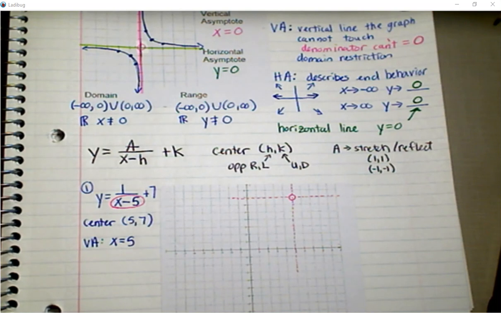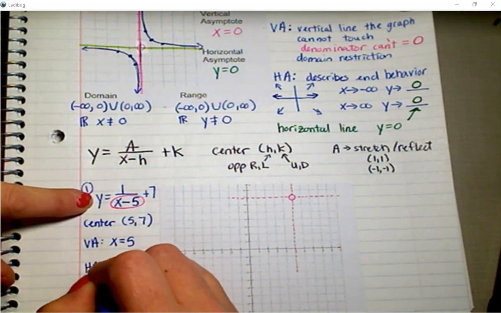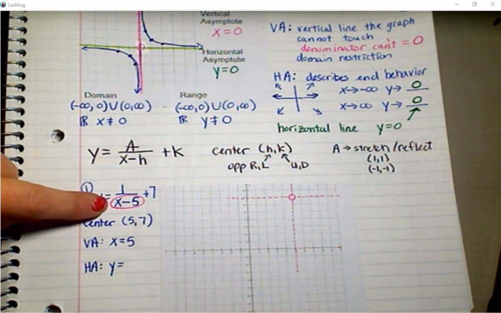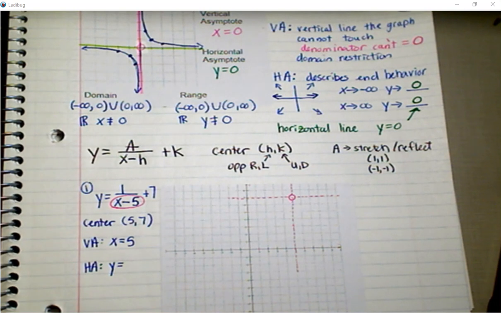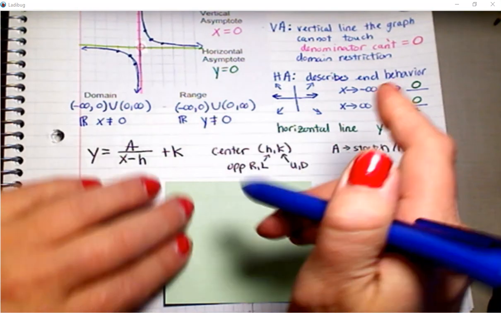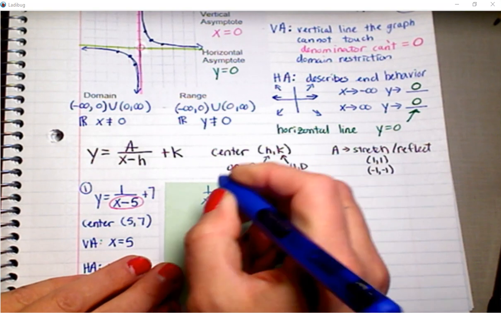The end behavior is what happens when we plug in a really, really large value of x. But be careful, because when I plug in a large value of x, this fraction, 1 over x minus 5, plus 7.